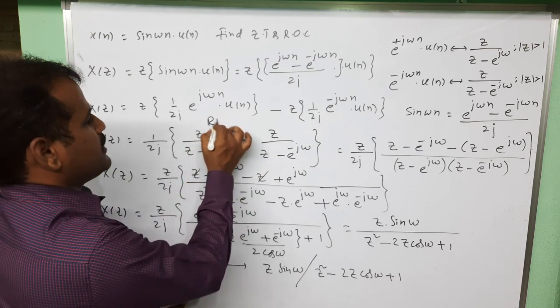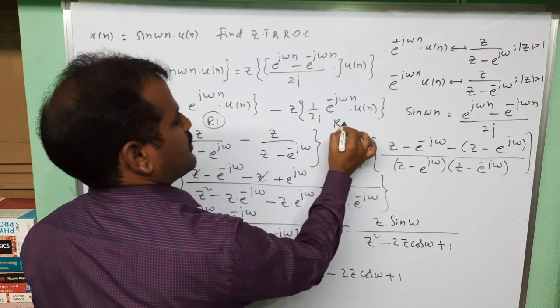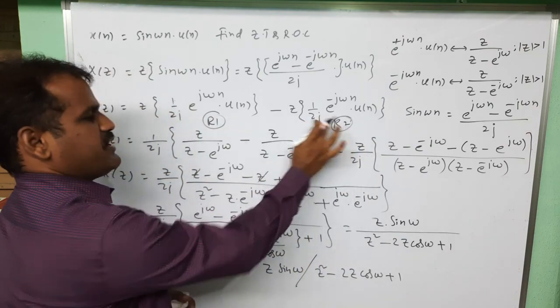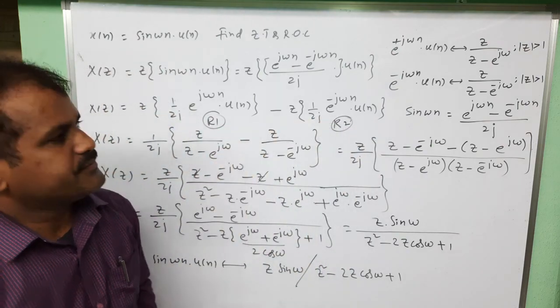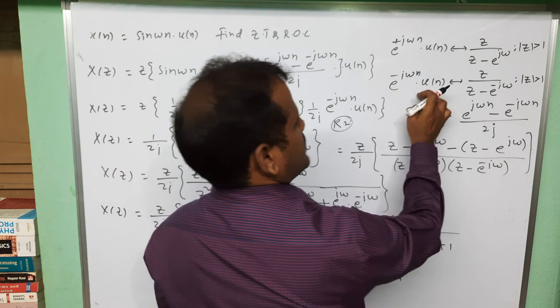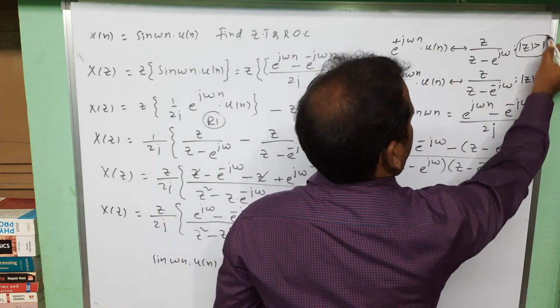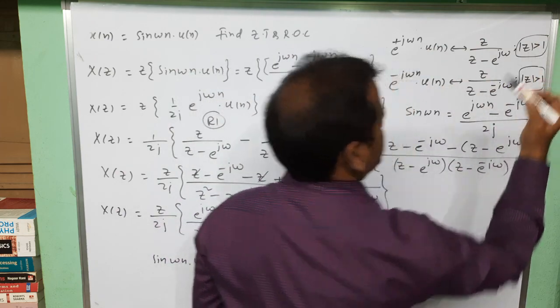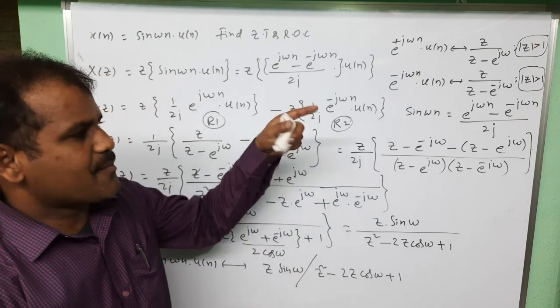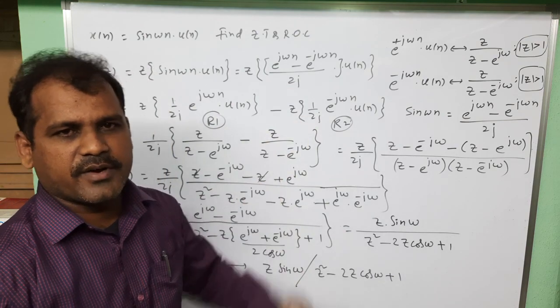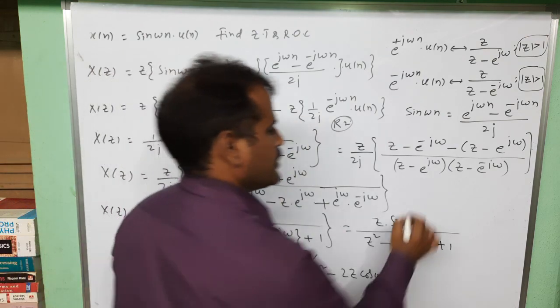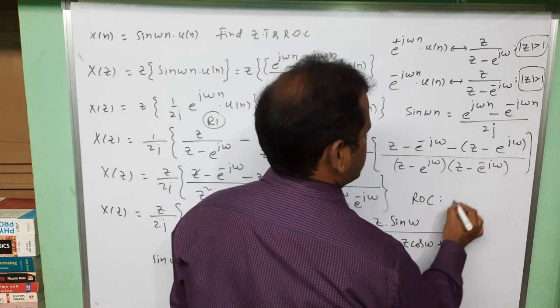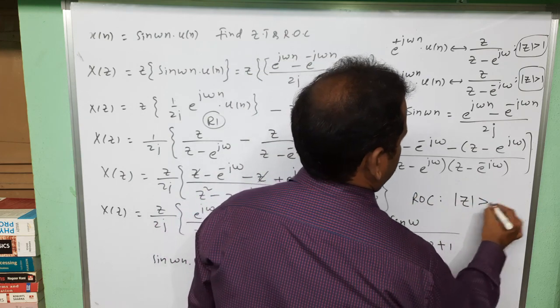If this is ROC R1, if this is ROC R2, R1 intersection R2 is the final ROC. That means these two functions having same ROC, mod z greater than 1, mod z greater than 1. And this combined ROC also, we get the same, mod z greater than 1. So for this sine function, ROC must be mod z greater than 1.